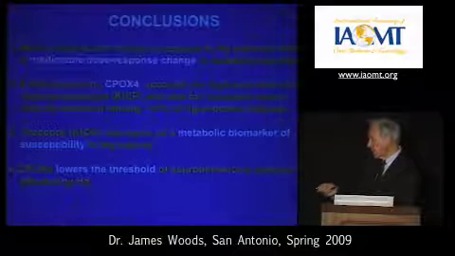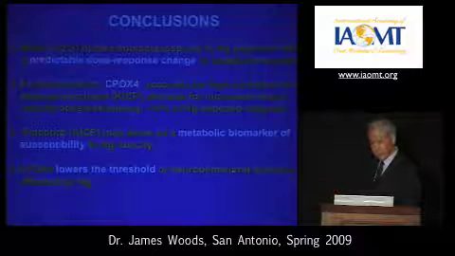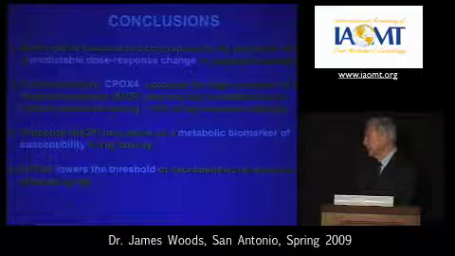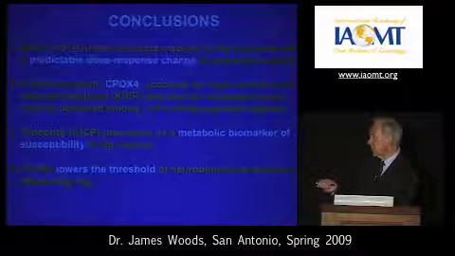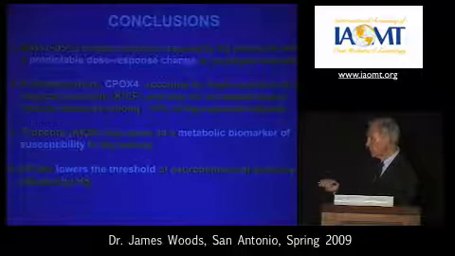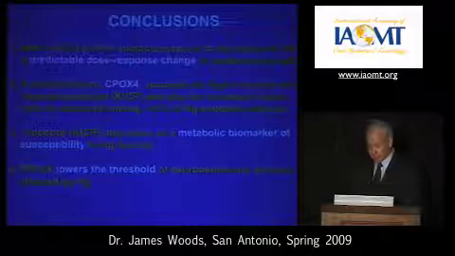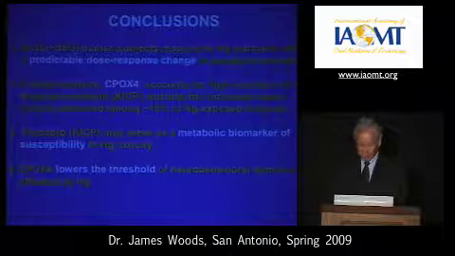We see that CPOX4 lowers the threshold for neurobehavioral domains that are also affected by mercury, and the altered porphyrin excretion pattern we view as serving as a metabolic biomarker of susceptibility to this form of mercury toxicity.